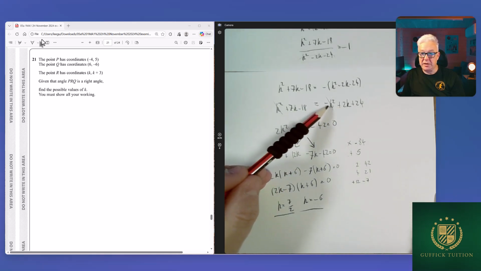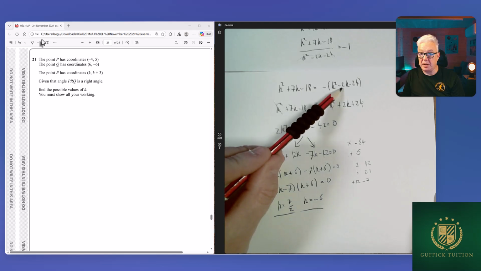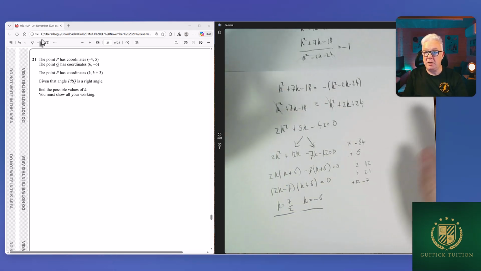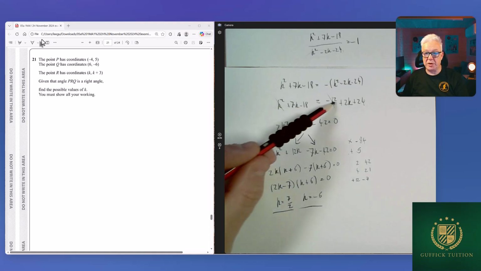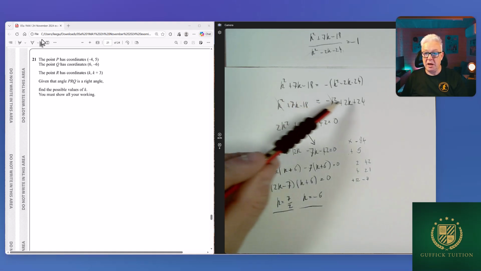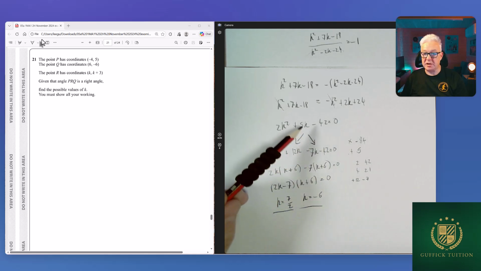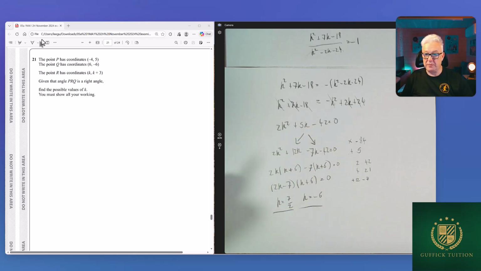So that goes to minus k squared plus 2k plus 24, because a minus times a minus makes a plus. Be careful about dropping a sign there. Then get the whole thing over to one side, add that over there, gives me 2k squared. Take away the 2k off both sides, gives me 5k. And then finally subtract 24 off both sides, gives me -42.